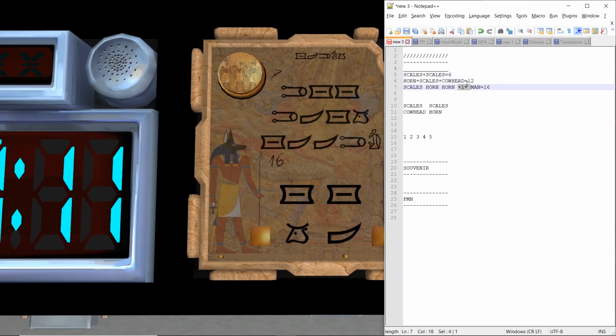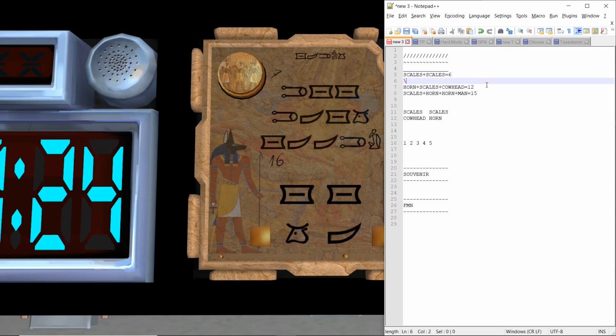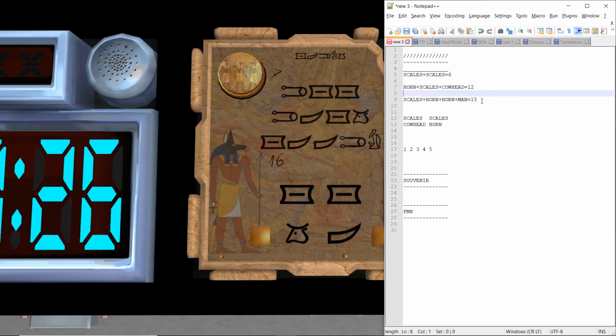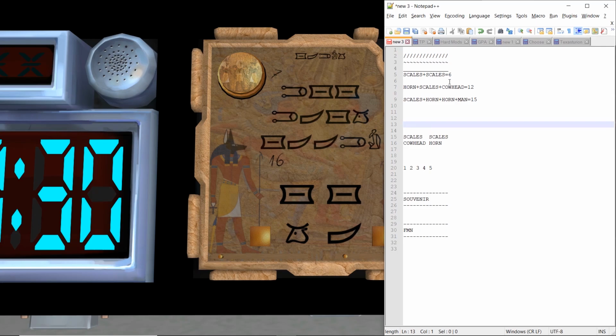And 1 from this side to get 16, well, 15. Okay. Now then, what we do from here is we figure out the possible values for each one of the symbols.